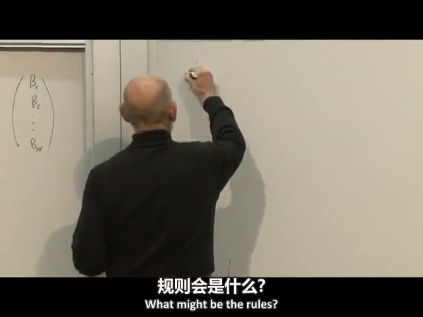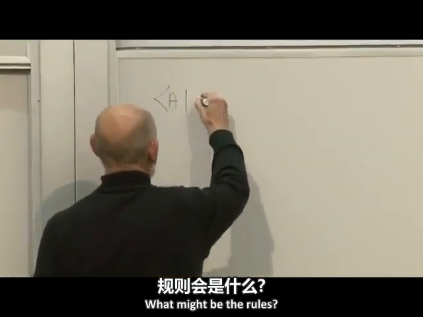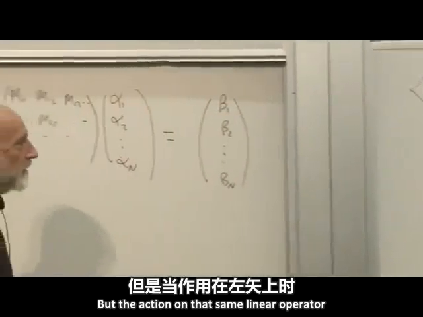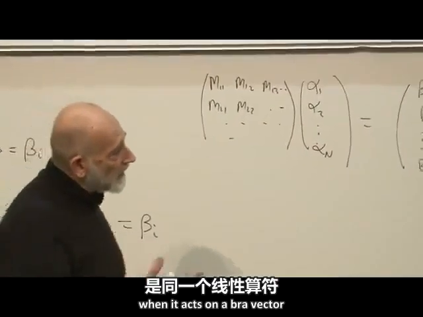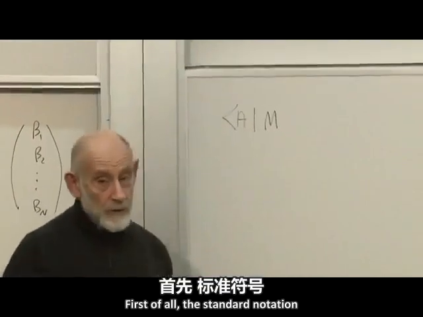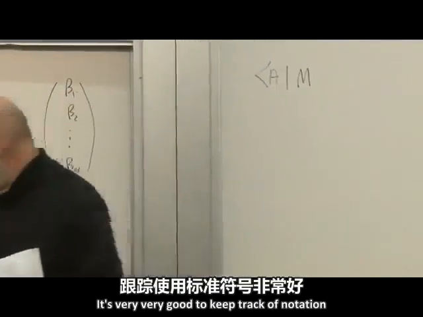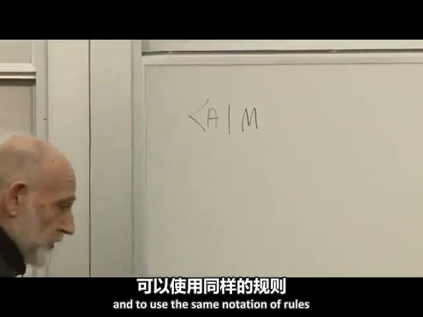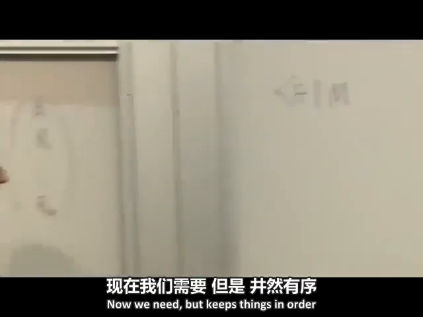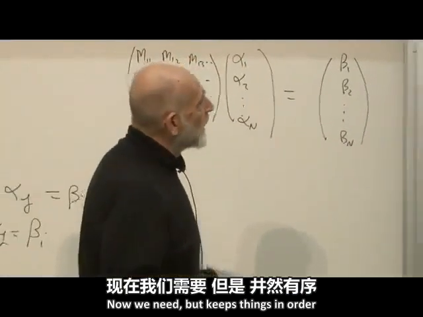What might be the rules for the action of that same linear operator when it acts on a bra vector? First of all, the standard notation, and it's very good to keep track of notation and to use the same notation over and over. It's not only neat, but it keeps things in order.